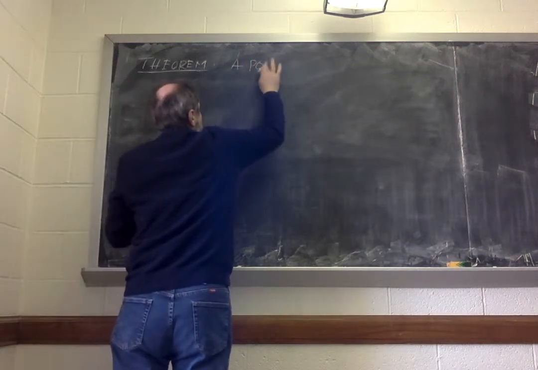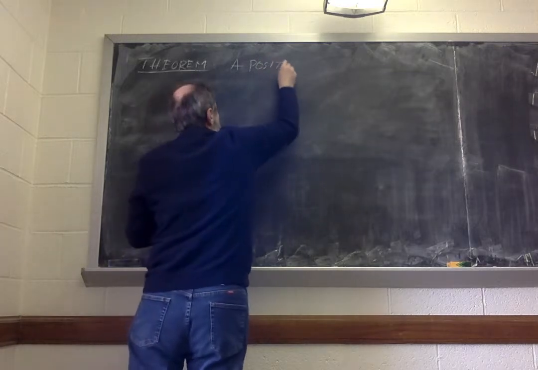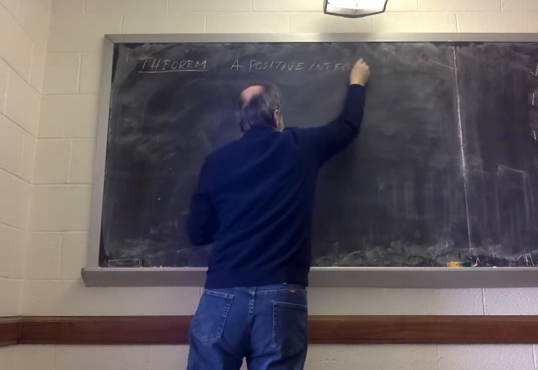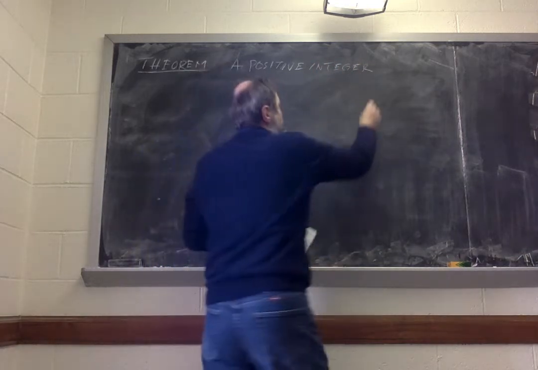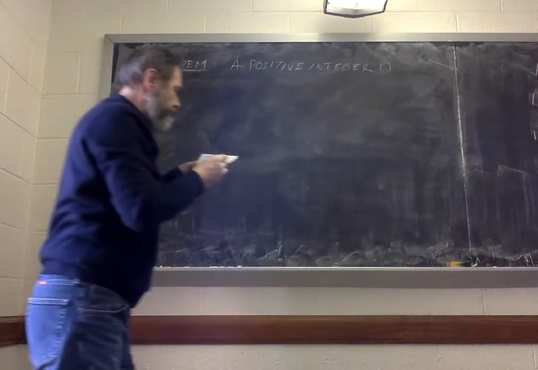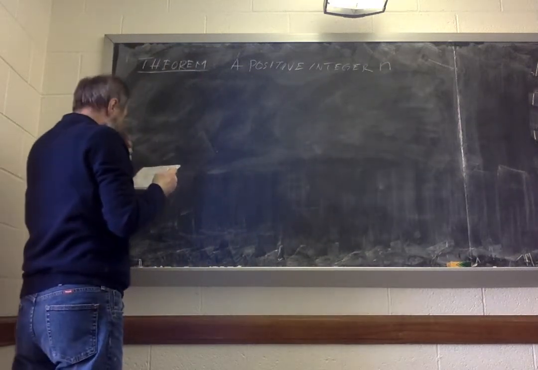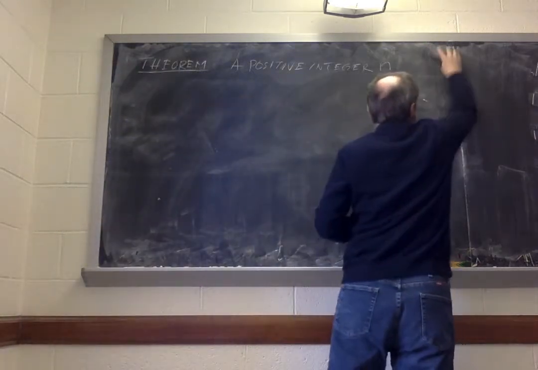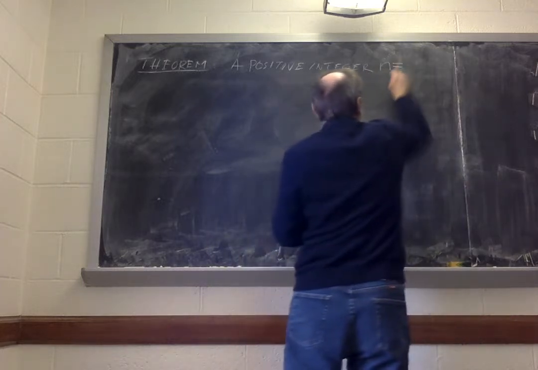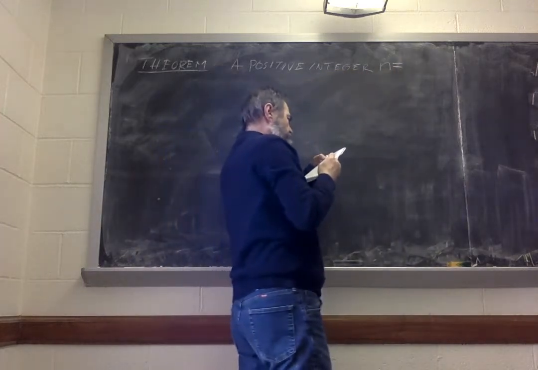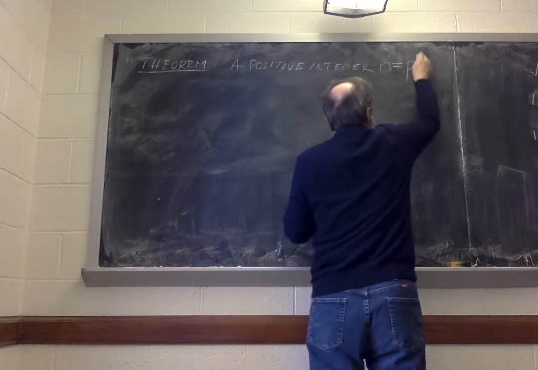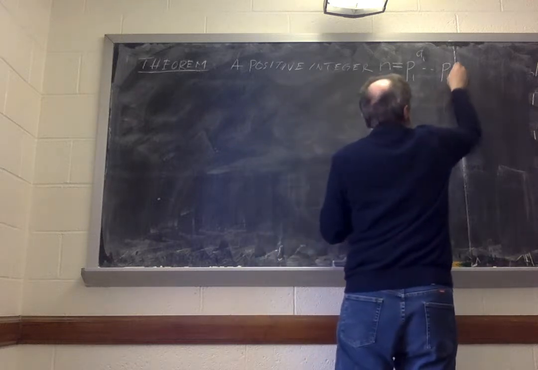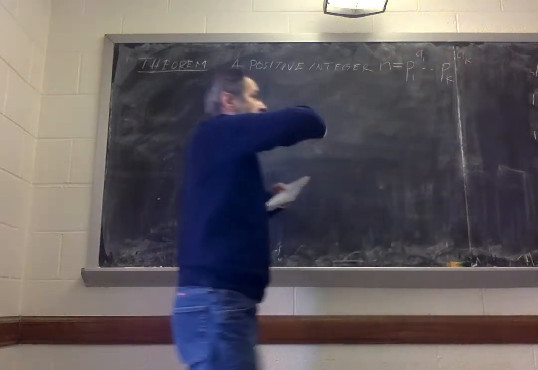A positive integer n, now let's say I have the prime factorization of n, say P1 to the A1, and so on to Pk to the AK, a product like this.